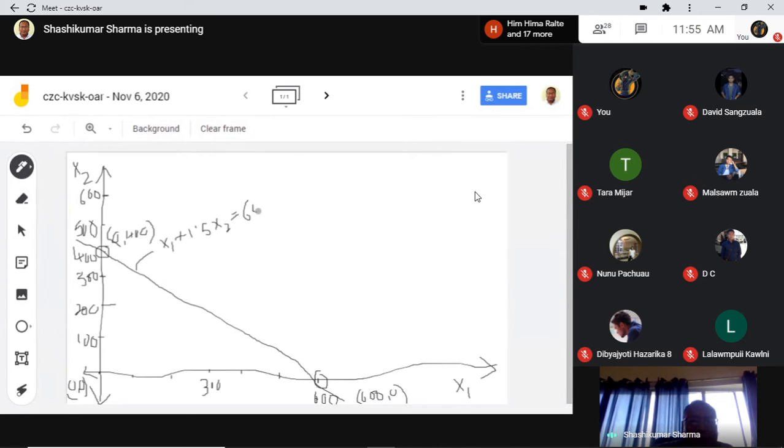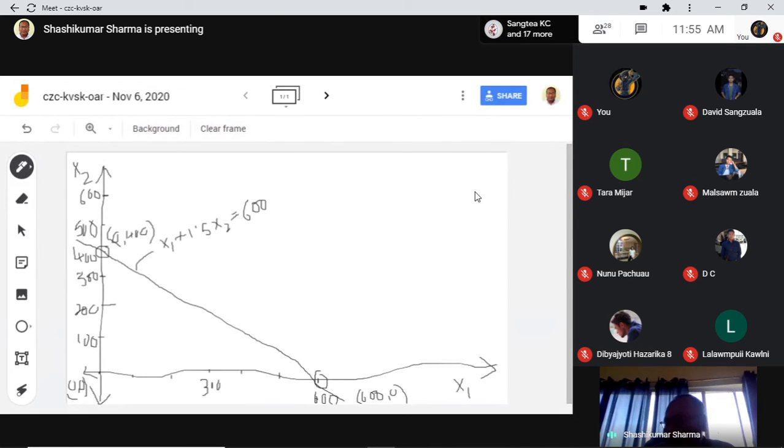This line is representing this equation, x1 plus 1.5 x2 is equal to 600. We will come to the later part where it is less than or equal to 600. For the time being, we will leave it out here.